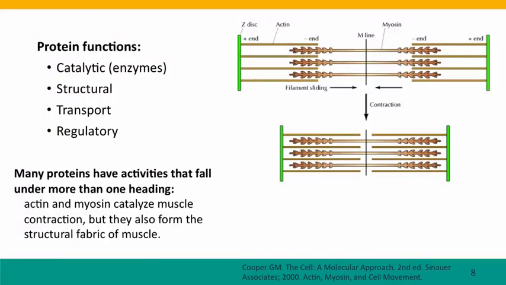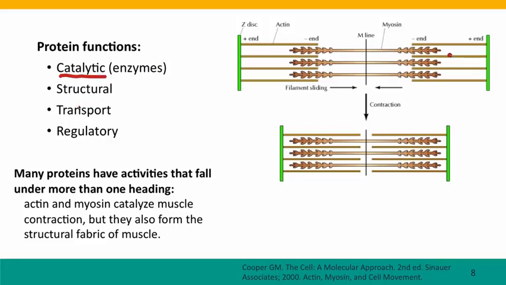Now, proteins, as you'll see from the upcoming lectures, the next 5 or 6 lectures are about protein functions. There's a lot of different kinds of functions. Many proteins are catalytic. They're what we call enzymes. A number of proteins have structural functions.